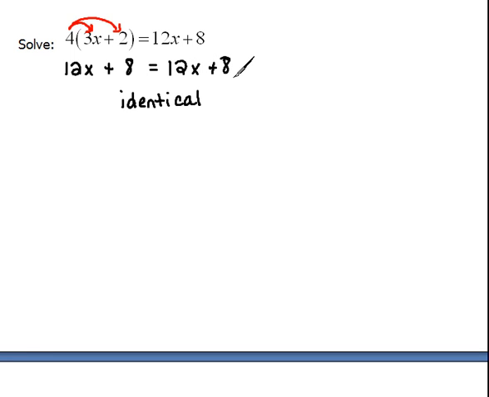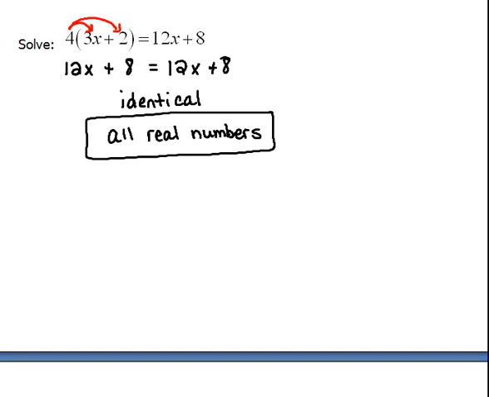We could use any number we wanted to. Does not matter at all, because the equation is an identity. Any real number will work in this equation. So our answer here is all real numbers.